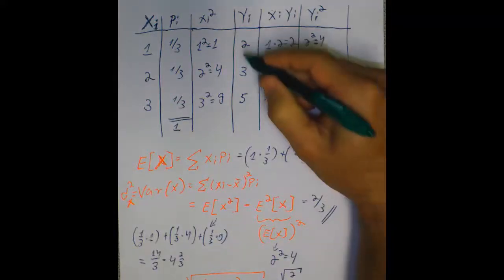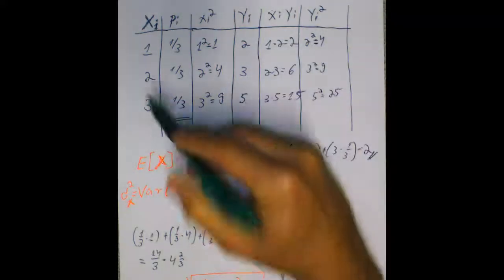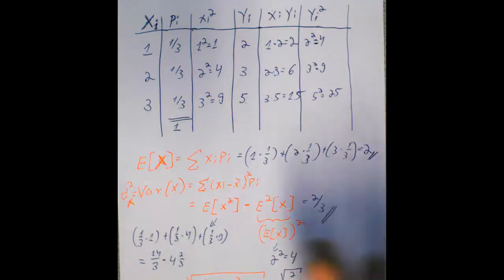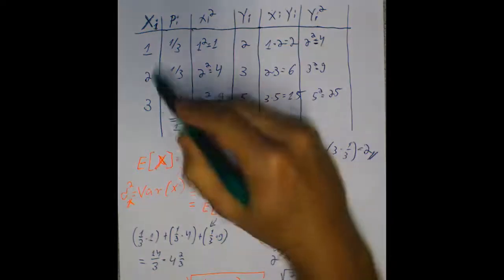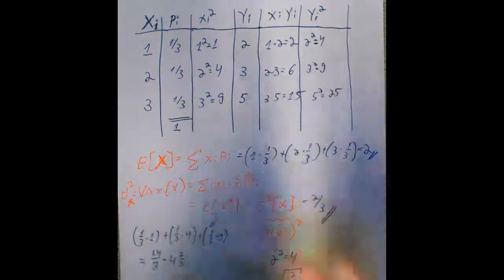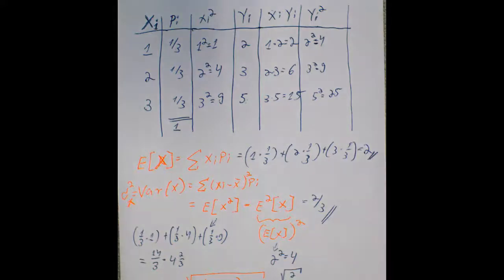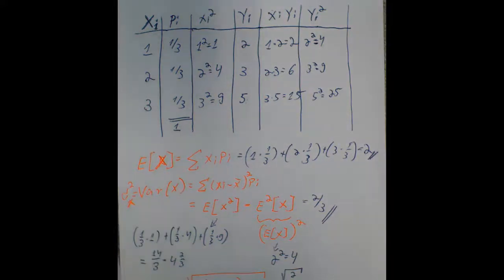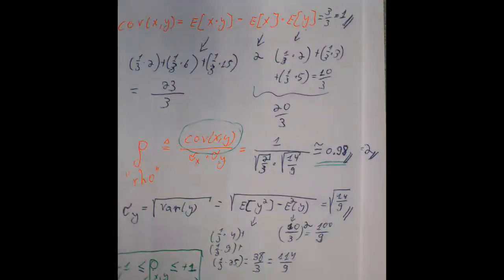Why? Because 2, 4, and 6 is just double the numbers 1, 2, and 3. But I slightly changed the numbers, and I got ages 1, 2, and 3, shoe sizes 2, 3, and 5. So yes, they tend to go up together, but they don't move at the same magnitude. That's why the correlation coefficient, we got that it is equal to 0.98 and not all the way to +1.